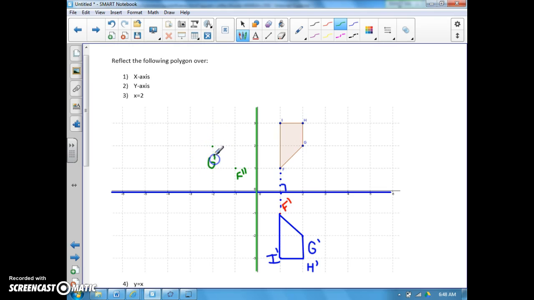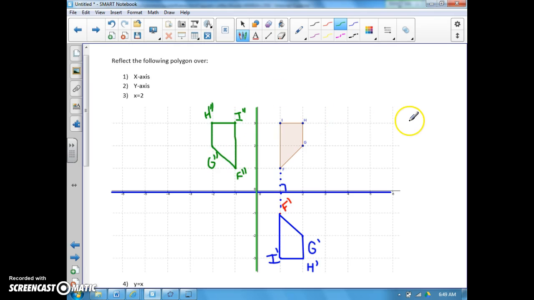G double prime. H, 2 units away. H double prime. And I is 1 unit away, so we go 1 unit again. I double prime. And I am now going to connect all of my points, and we get the same shape again.